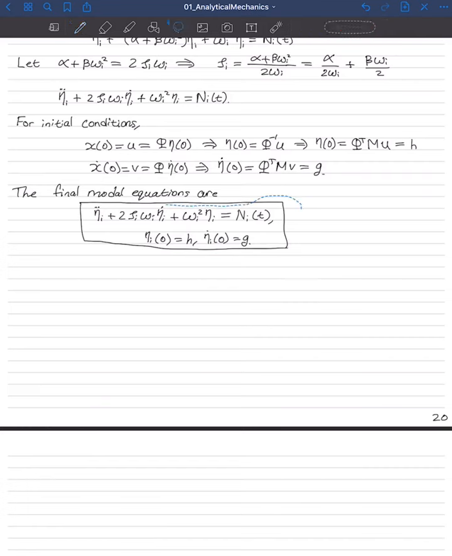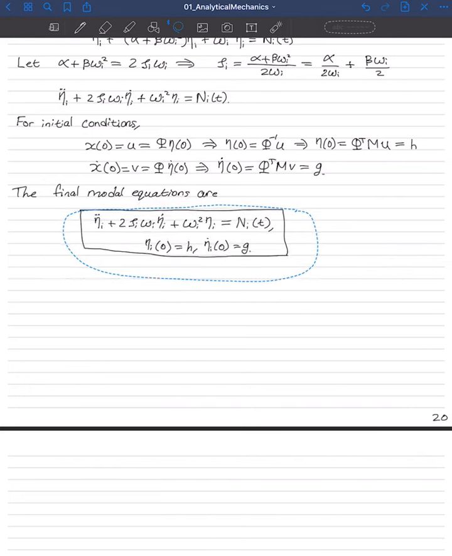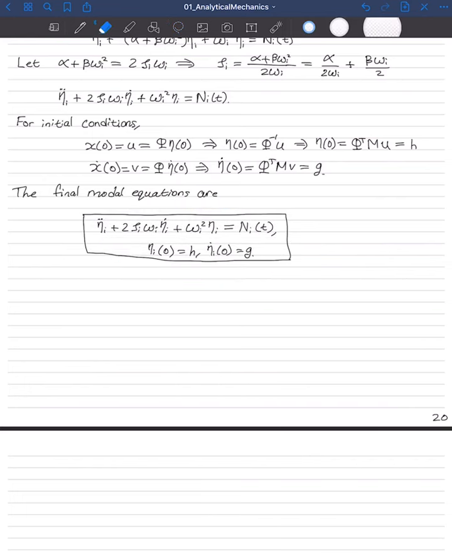Let me move these down. There we go. Okay, this then leads into the fourth and final step.